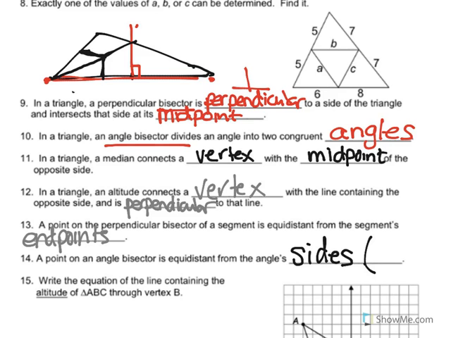And if it's just an angle that's made up with rays, we would say it's equidistant to the rays. Okay, if this distance from here to here is going to be the same.